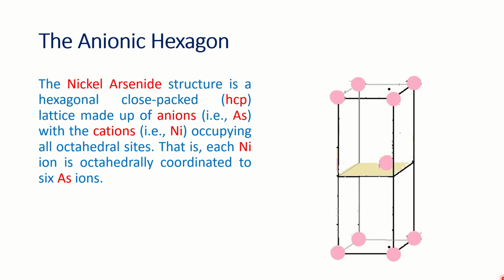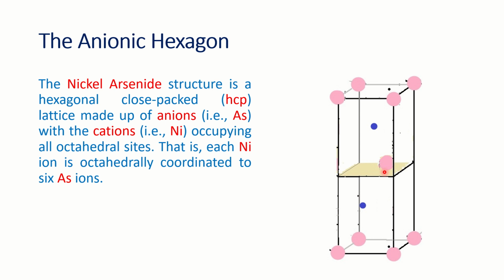Here are the 2 nickel ions. You can see the nickel cation which had already been present within this unit cell. So how many formula units are within this unit cell? 2 nickel, 2 arsenic. That means 2 formula units are within the unit cell.